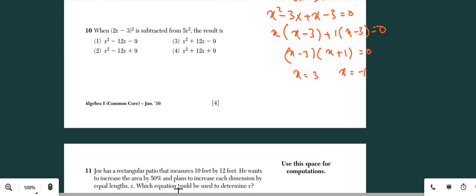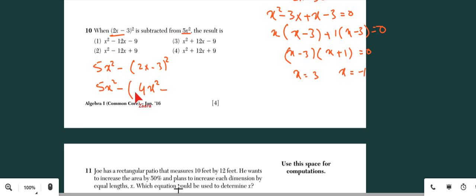Okay, look at this one. When the function is subtracted from this one, this would be subtracted from this one. So I will write first 5x square minus 2x minus 3 whole square. Now let's open this square formula. So it will become 4x square minus 2 times AB.